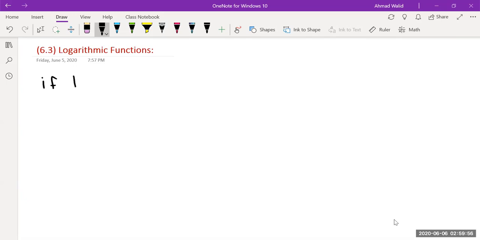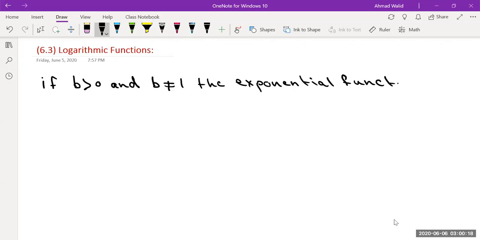If b is greater than 0 and b cannot be 1, the exponential function f of x equals b to the power of x is increasing or decreasing.